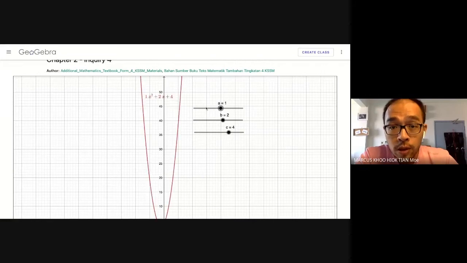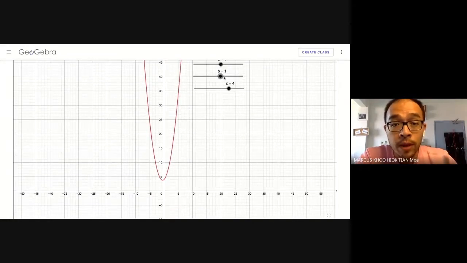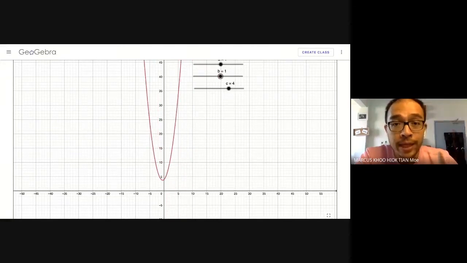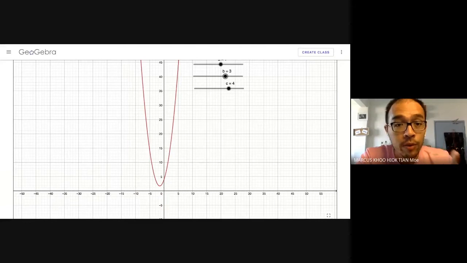Point number two, B adalah nombor yang memberitahu kamu where is the position of the minimum value. The bigger the value of the B, the bigger the minimum value. Kalau B positif, look at the minimum point, it will be at the top, di nombor positif.